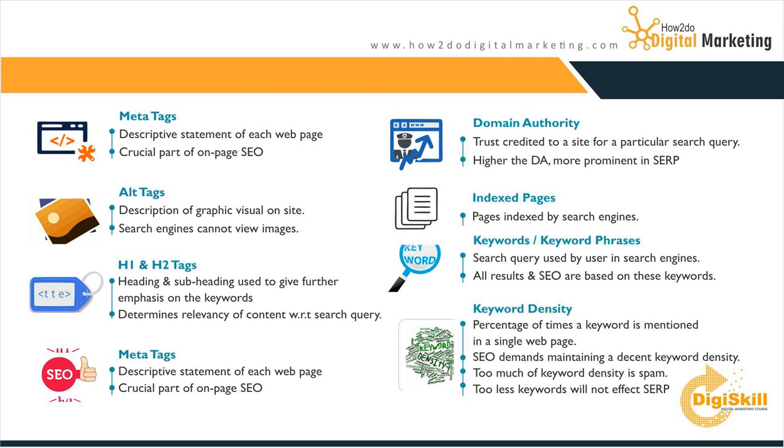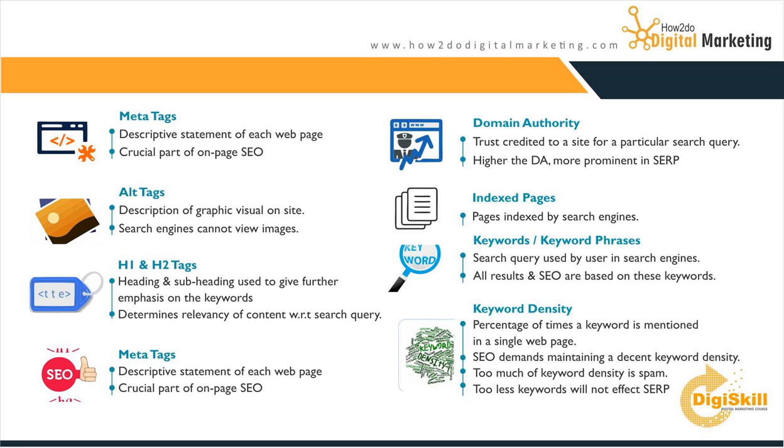Similarly, for each page you have a title tag. You also have a meta tag, which is a more descriptive statement for each web page. Both title tags and meta tags are the most critical aspects of on-page SEO. A title tag would be a short descriptor of about 65 characters of what the page is.